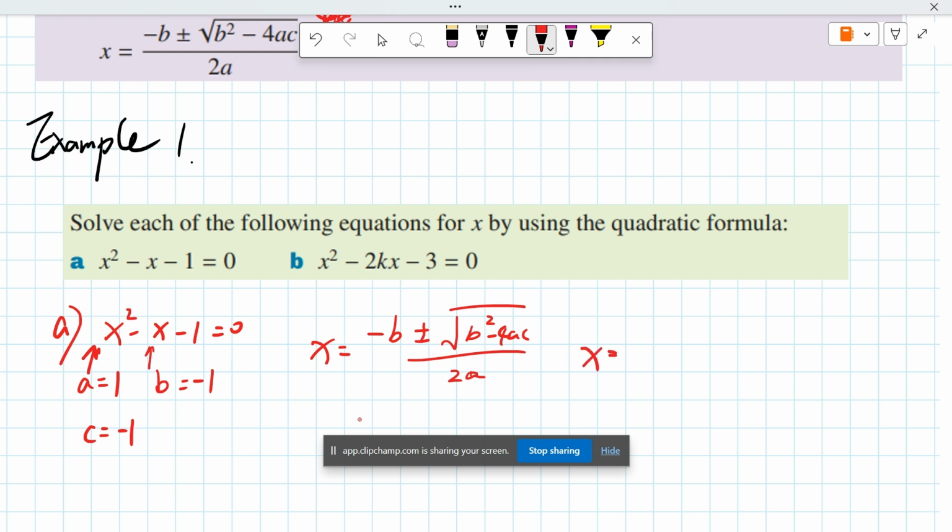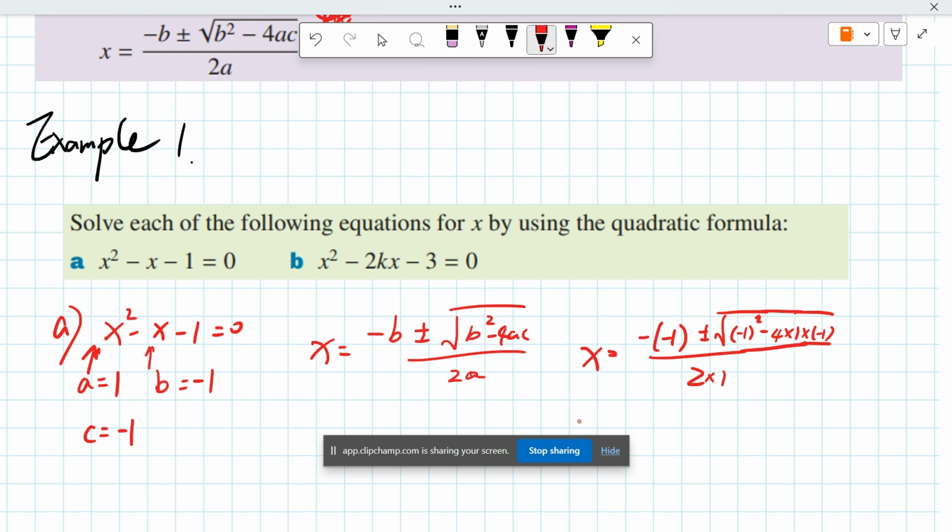Then x equals, 2 times 1 on the bottom, and then minus b, which is minus minus 1, plus or minus the square root of b squared, which is minus 1 squared, minus 4 times a which is 1 times c which is minus 1.